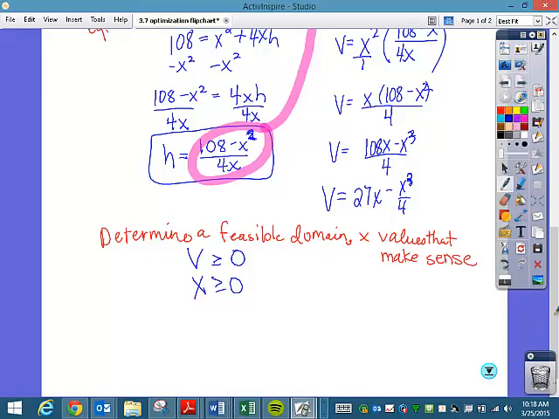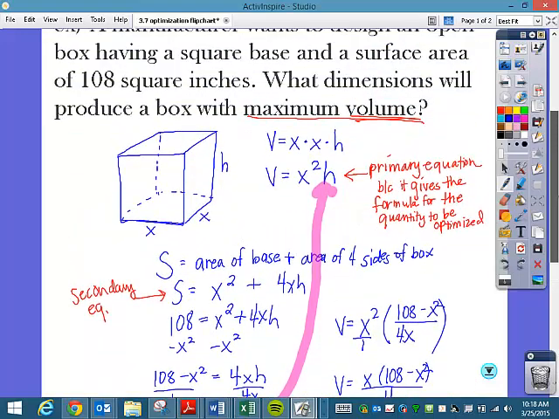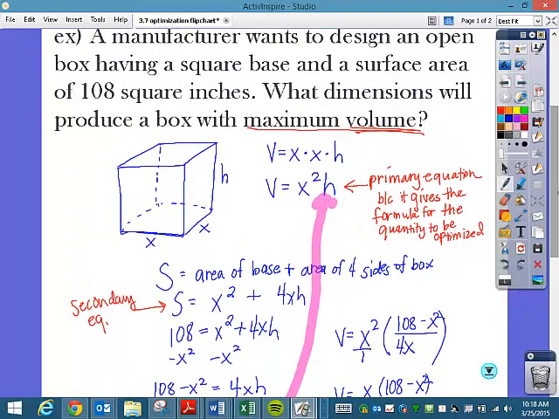Okay, the next thing we can do is, we know that the surface area of this whole box is 108. So that means the area of the base plus the area of the 4 sides is going to add up to 108.